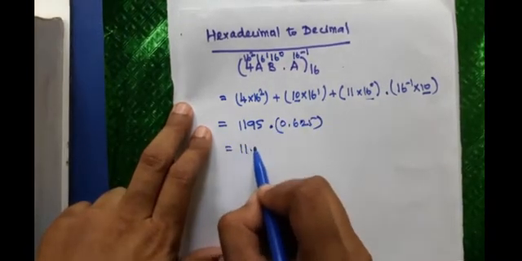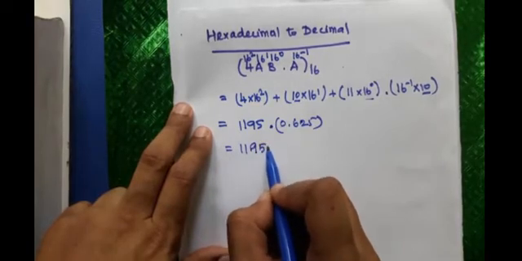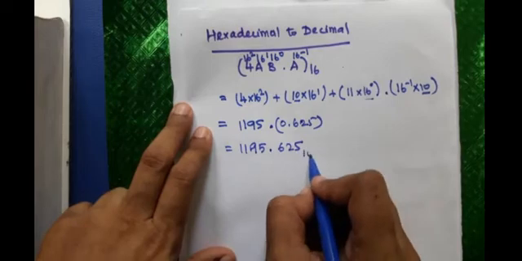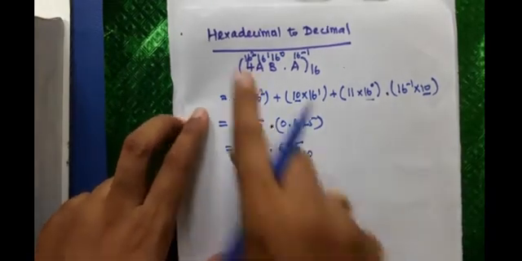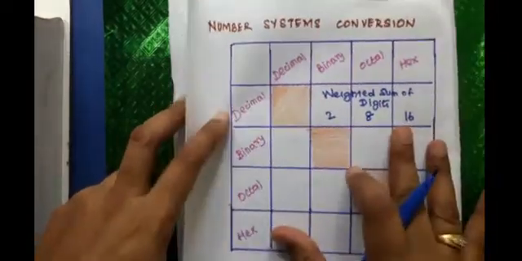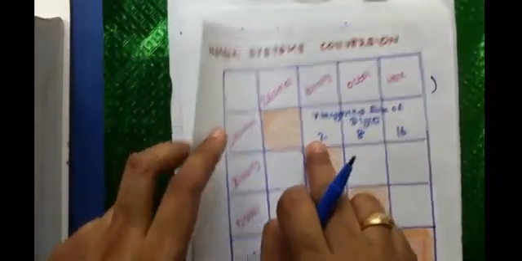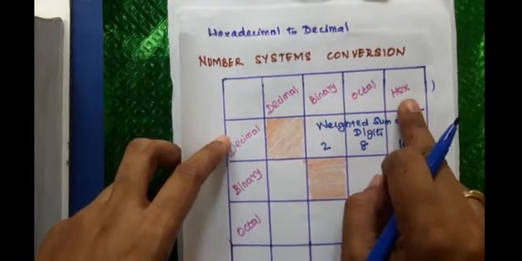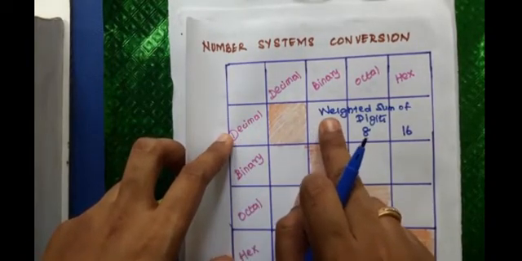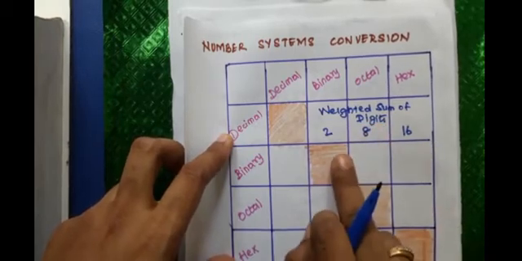So it is 1195.625 to the base 10. So this is conversion of hexadecimal to decimal number system. So this is how we are able to convert from any number system to a decimal number system by mere addition of the weighted sum of the digits.